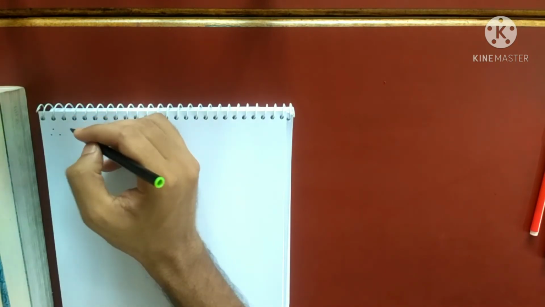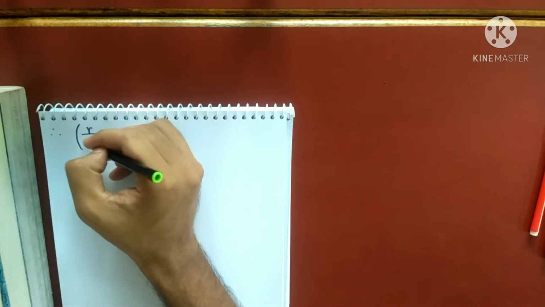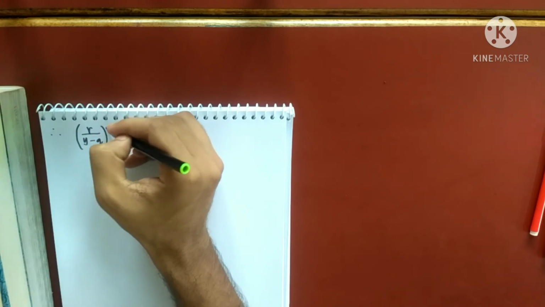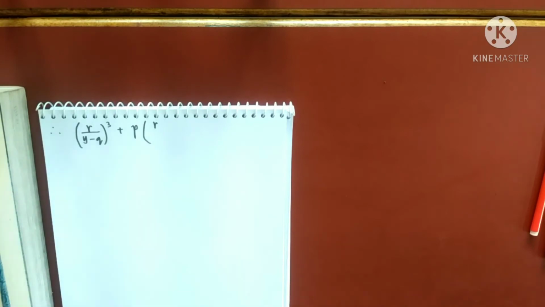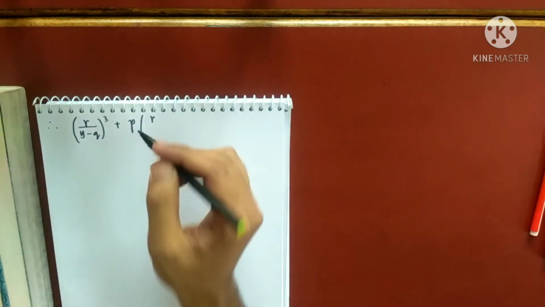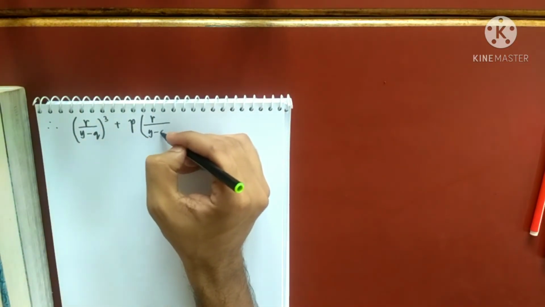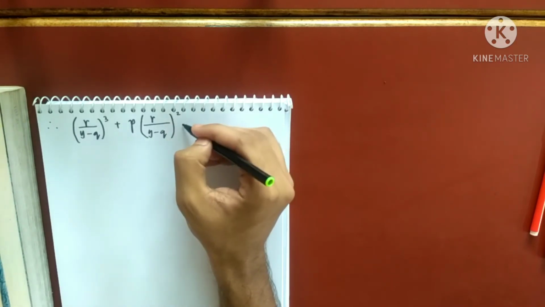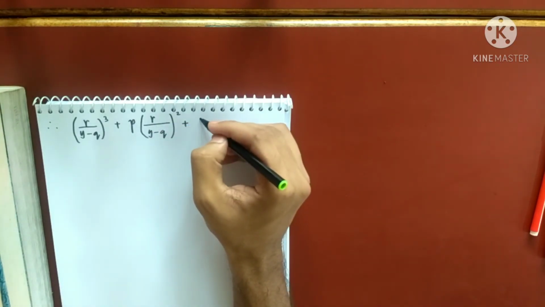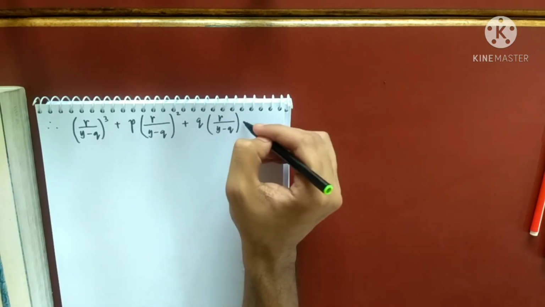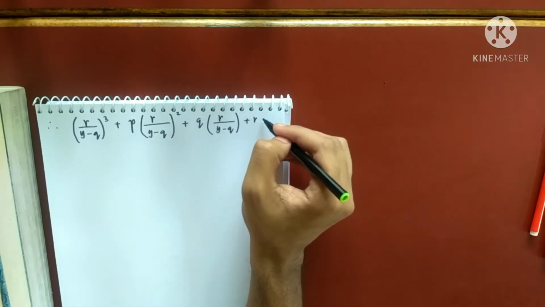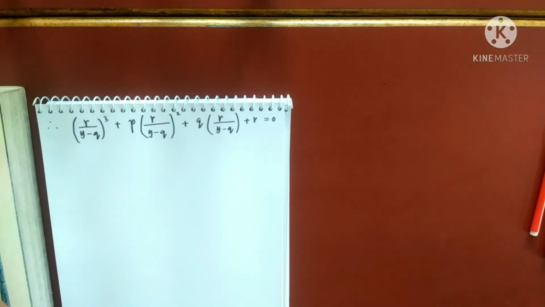So beta cube is nothing but (r by y minus q) whole cube plus p beta square (r by y minus q) whole square plus q r by y minus q plus r equals to 0. Because beta is a root, this will happen for sure. This is what I have.